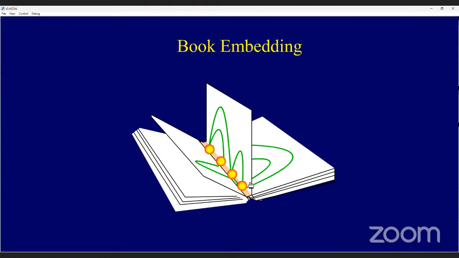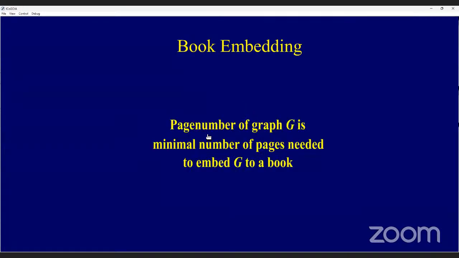Okay, now you have to arrange these vertices so that there is no edge crossing. You can draw the edges on as many pages as you want, so that they don't cross each other. The minimal number of pages you need so that there is no crossing is called the page number.